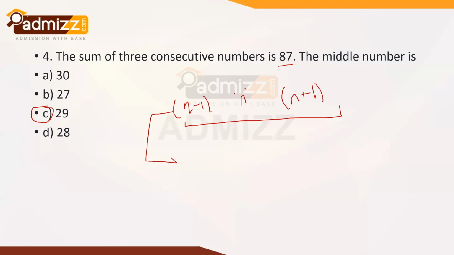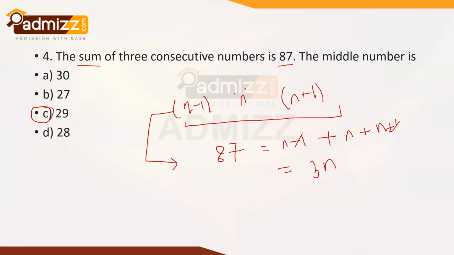So with this, what we do is we add them because we have to find the sum, and we know that the sum is 87 as well. So we do 87 is equal to n minus 1 plus n plus n plus 1. So this minus 1 and plus 1 cancel out, and we get 3n.